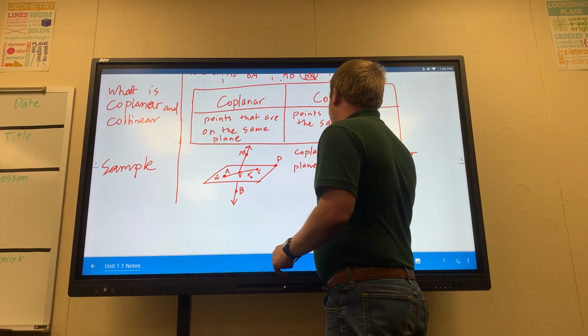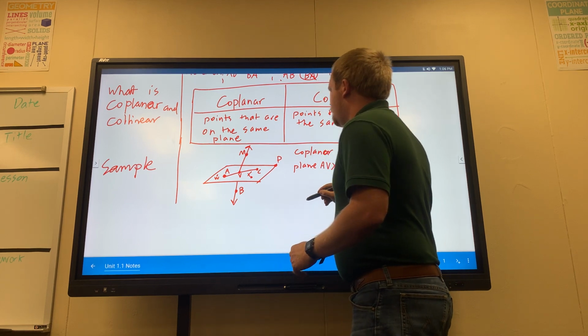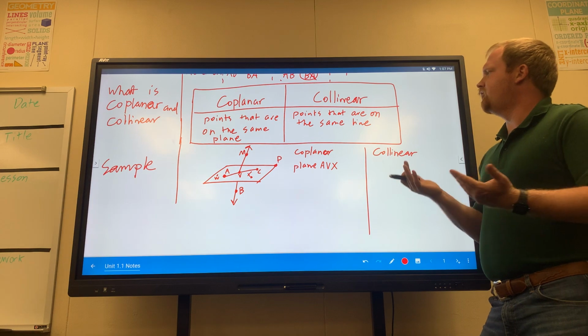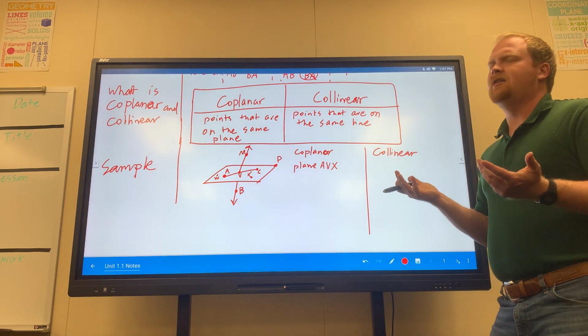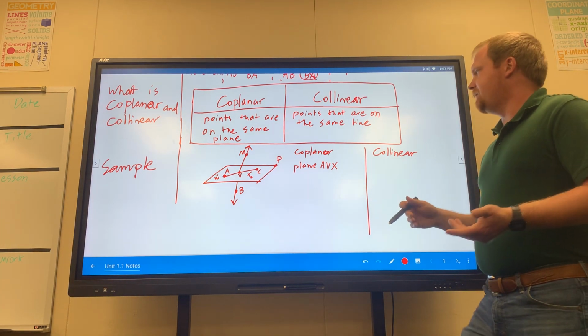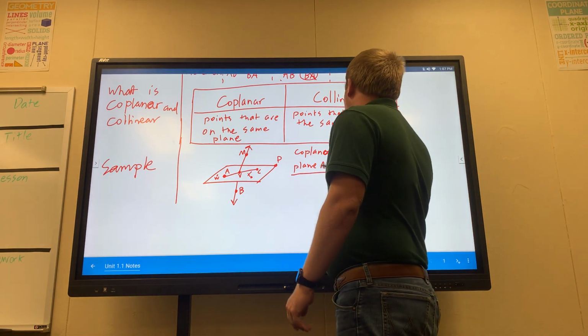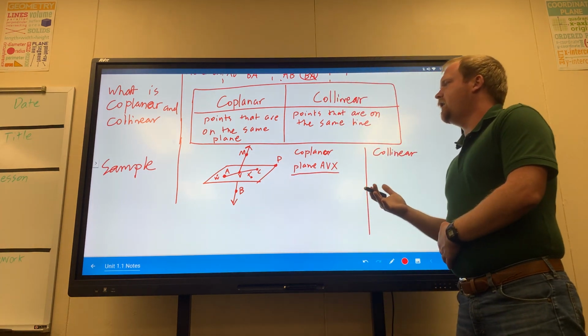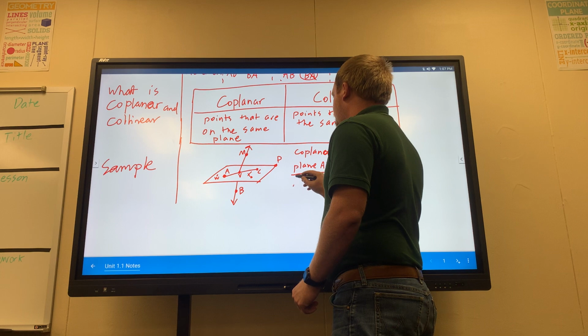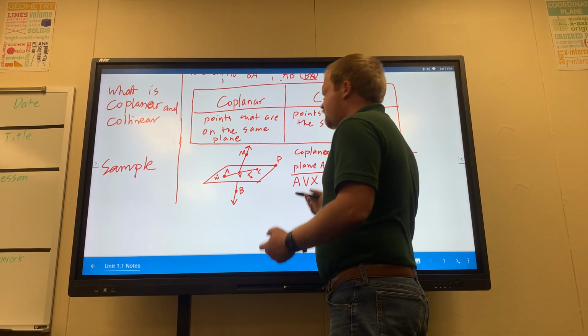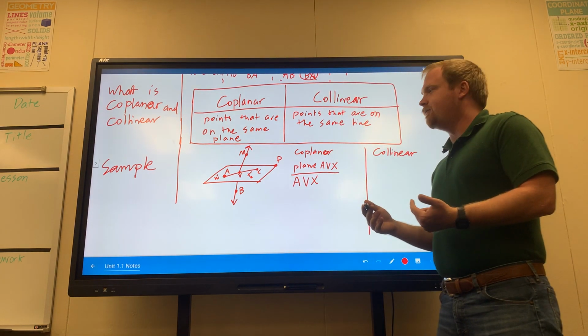But I'm going to say plane AVX. Now we can say plane AVC, but I'm not typically worried about it. So for this particular plane, I have A, V, and X. Obviously, because that's how we identify it.